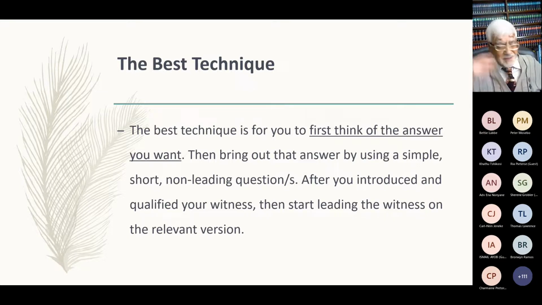That's a bad lawyer, and I see it all the time. Okay? You want to bring out the answer using a simple, short, non-leading question. After you have introduced and qualified the witness, then start leading the witness on the relevant version. But let the witness do the talking. You simply guide the witness, keep the witness relevant and to the point. Control, in other words.